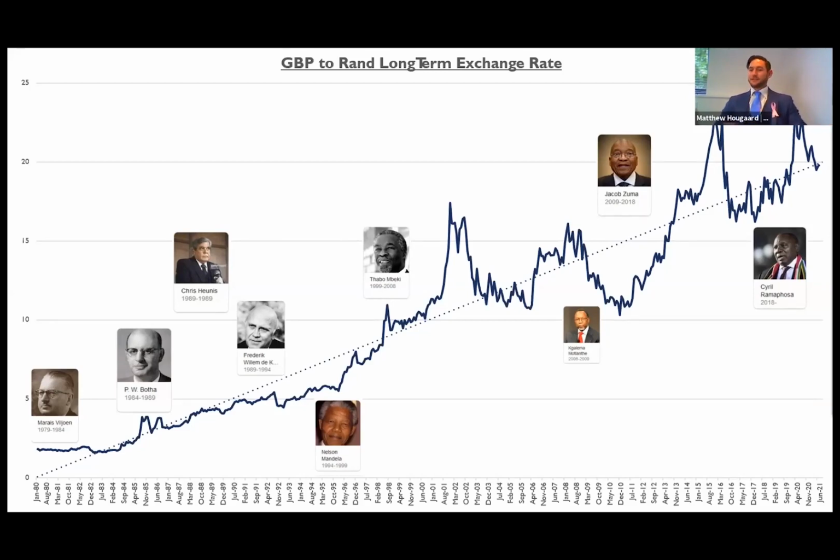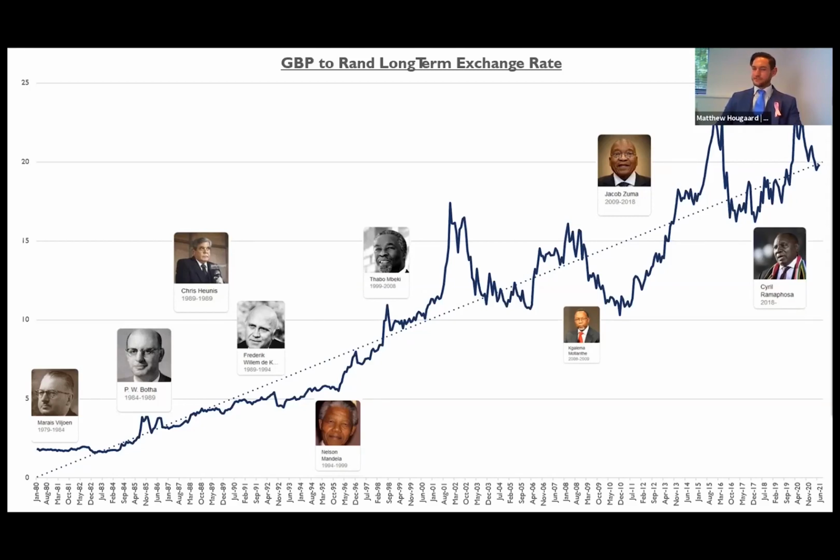So basically the underlying trend is only going in one direction. In the last 40 years, it has depreciated by about 1,200%, or 5% per annum. To put that in comparison, in 1980, a million rand would have bought you 540,000 pounds. In today's terms, that same million rand will only get you about 48,000 pounds.